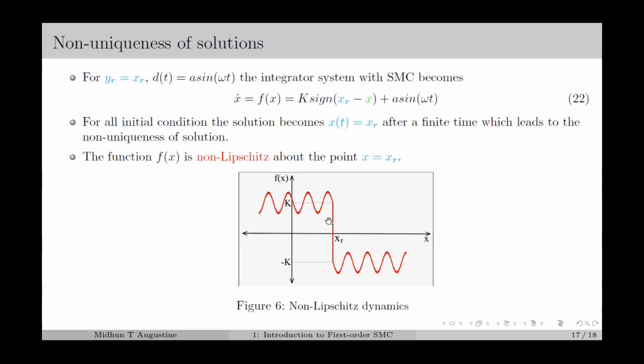Therefore, the function f of x is non-Lipschitz in the case of SMC, and this results in non-uniqueness of solution. We have observed that in the integrator system example, for all initial conditions, the solution becomes x of t equal to xr after a finite time period. By non-uniqueness, we mean all the initial conditions will result in the same solution after a finite time period.